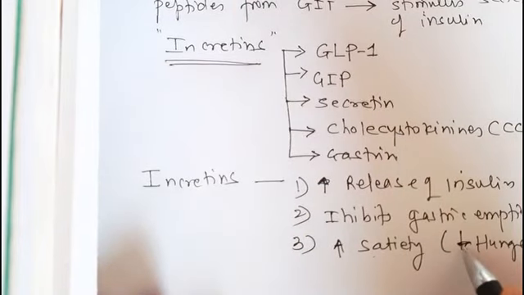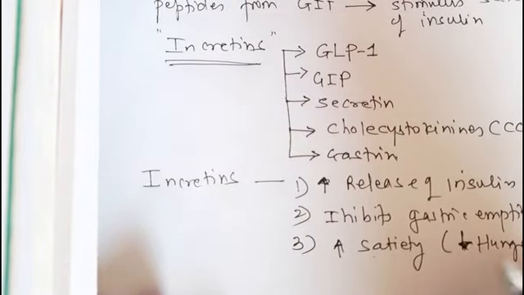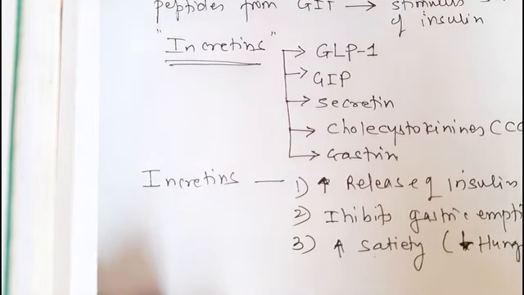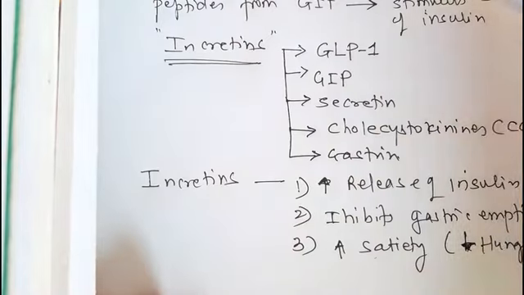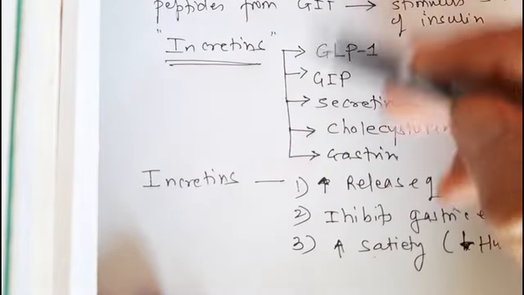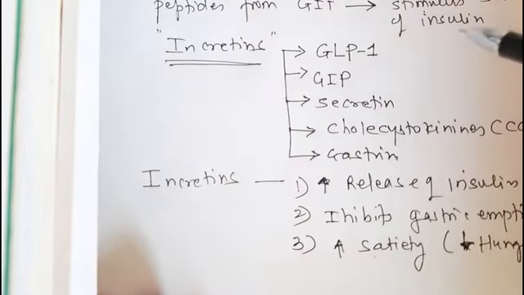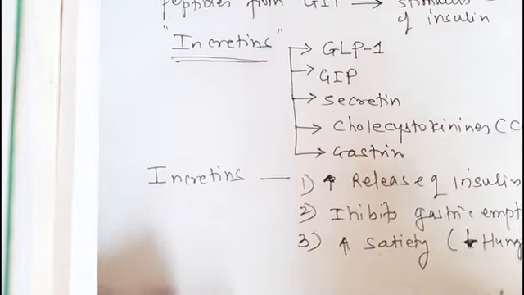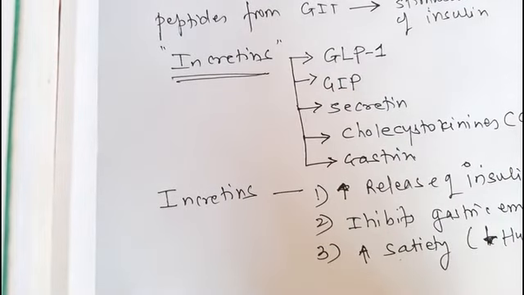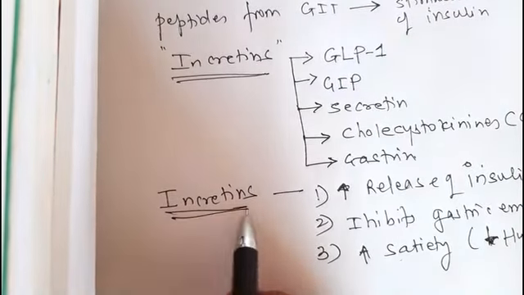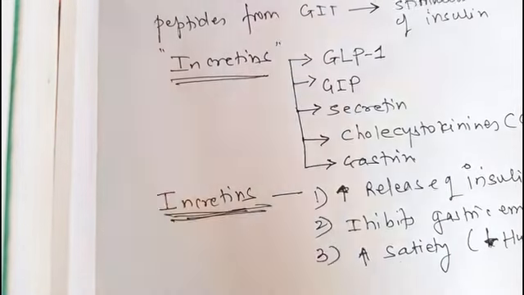So there is no further ingestion of food, and hunger decreases, so that automatically the increased levels of all these control the nutrients from the gastrointestinal tract for digestion. So these are the most important functions or uses of the incretins.